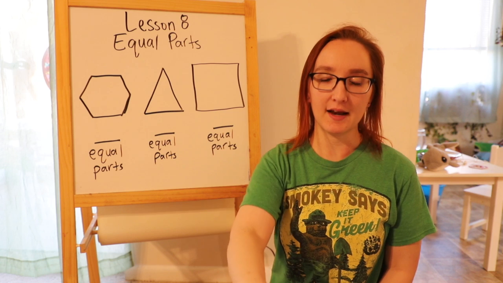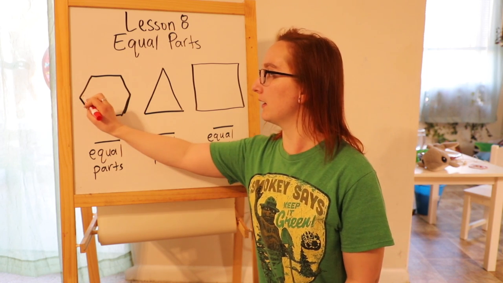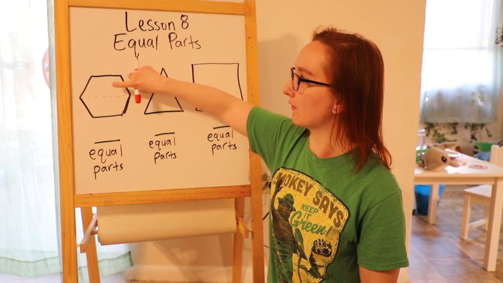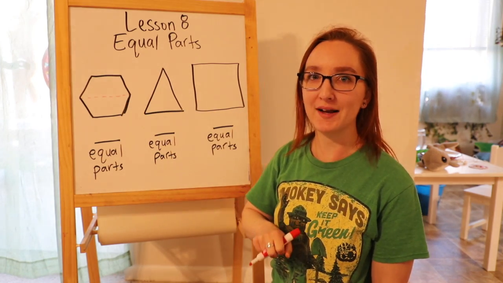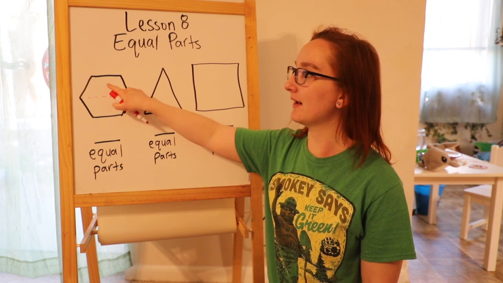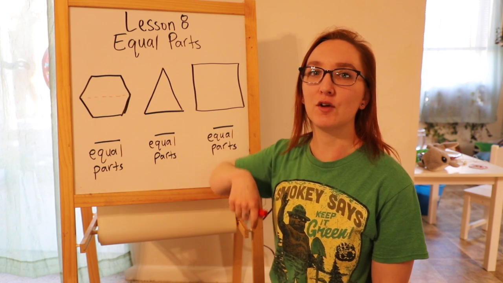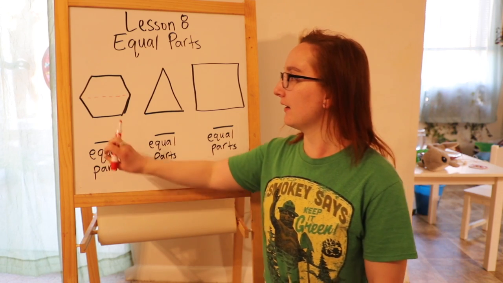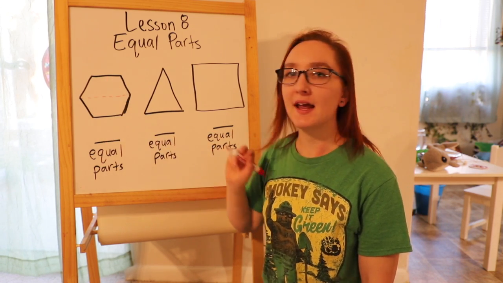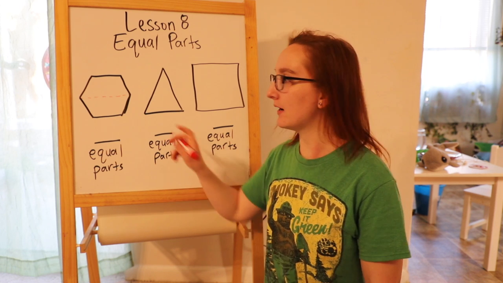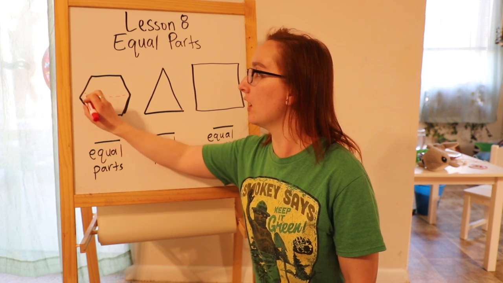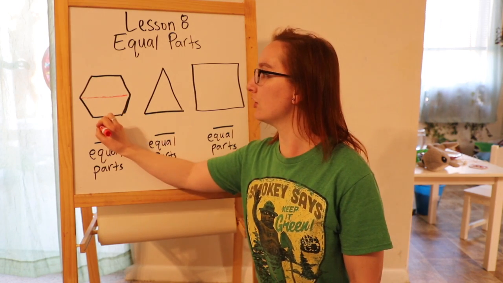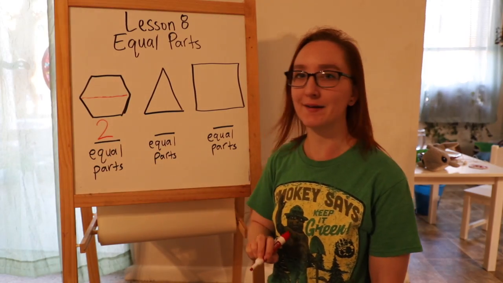So you can see that it has little dotted lines right across the middle, like this, and that makes 1, 2 trapezoids, and those trapezoids are going to be the exact same size and looking exactly the same. That's what makes them equal parts. So we're going to say that it takes 2 equal parts of a trapezoid to make this hexagon. So we're going to trace that dotted line, and we're going to write 2 on the line right there.